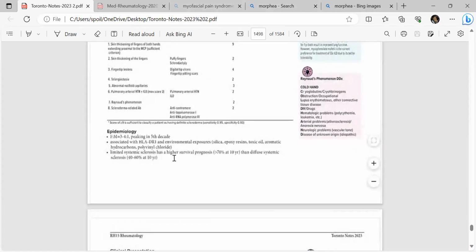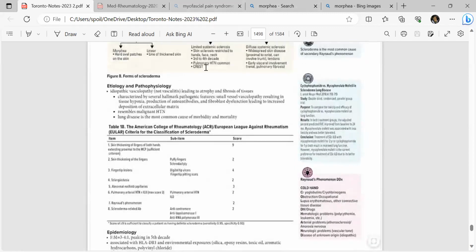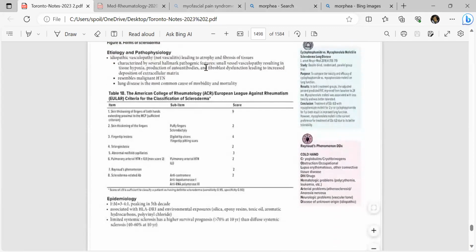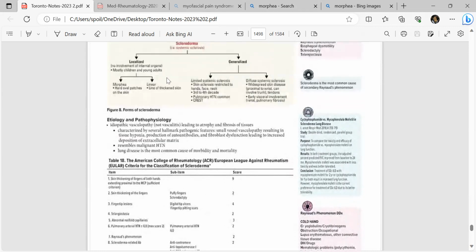Limited systemic sclerosis has a higher survival prognosis than diffuse: greater than 70% at 10 years, compared to 40 to 60% at 10 years for diffuse. The limited one is confined to the head, hands, face, and neck.